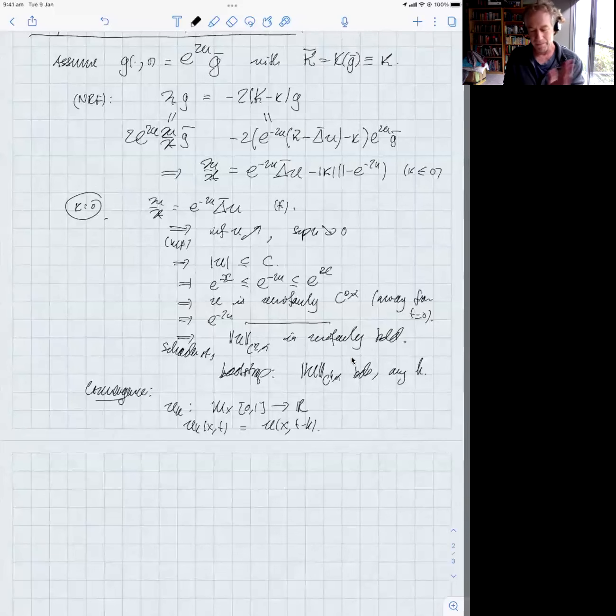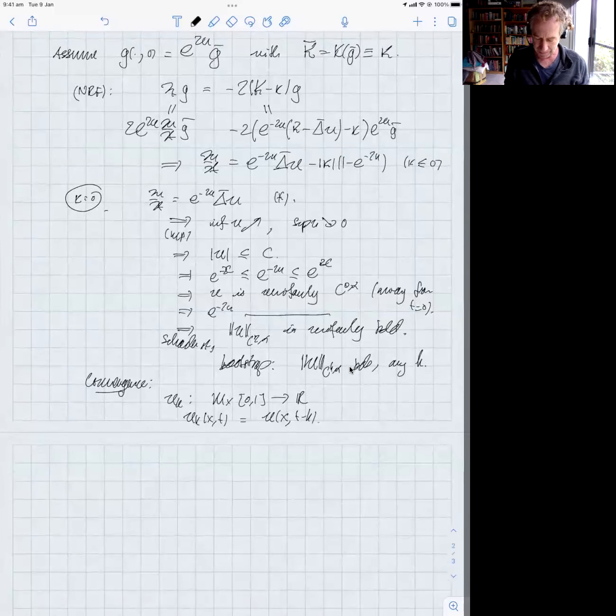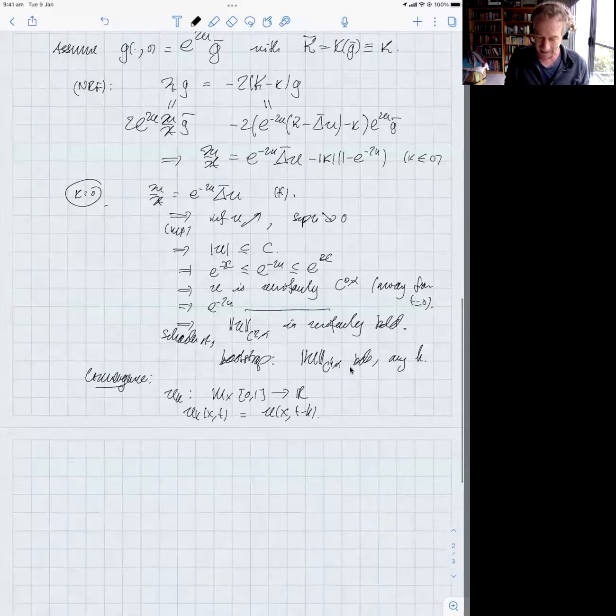So if there was some final time, I could just take the limit of these solutions as that final time is approached, and they would converge in C infinity to some limit, and I can just do a short time existence result from there. So the long time existence comes for free. So that means I have these functions u_k for any k, and these are now uniformly bounded in C^{k,alpha} for every k.